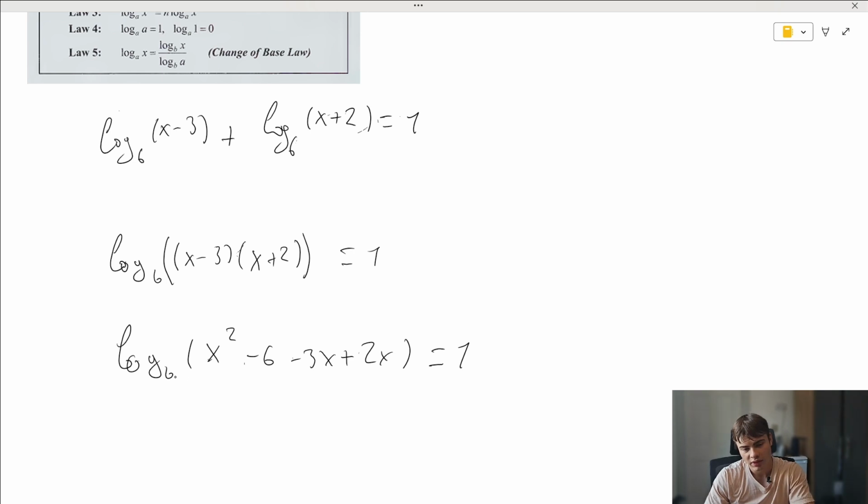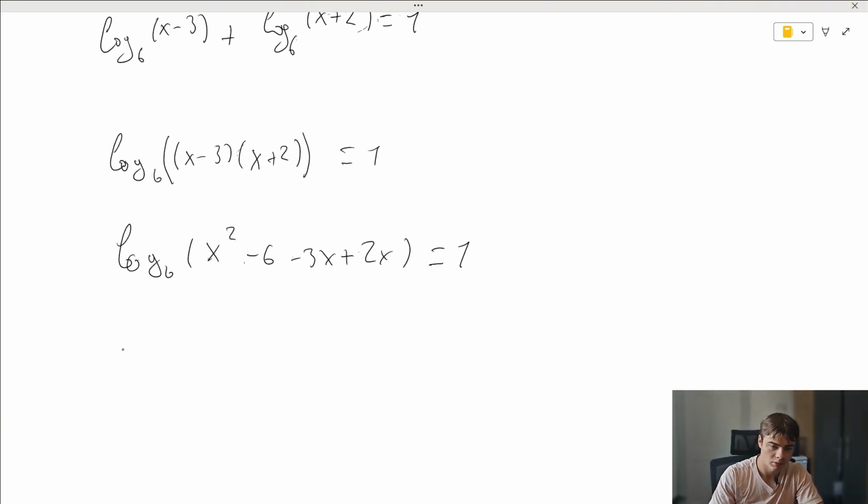It says that 6 to the power of 1 equals to this number. So we can write it down this way. 6 to the power of 1 equals to x squared minus 6, and minus 3x plus 2x is minus x.